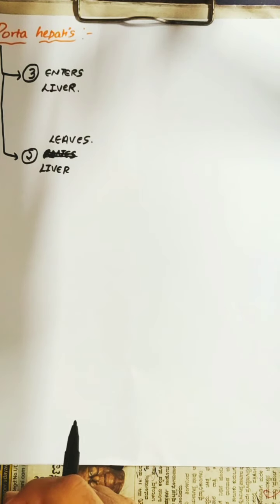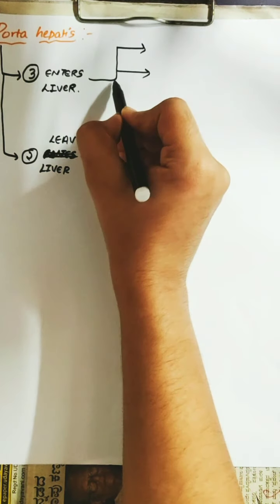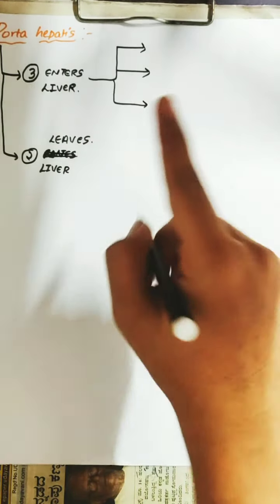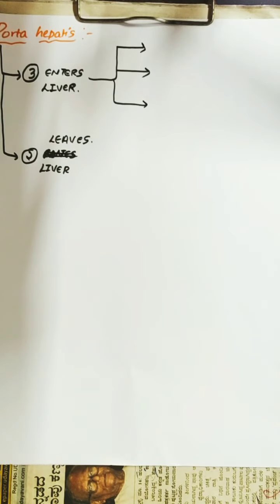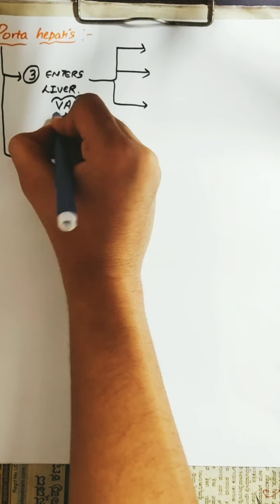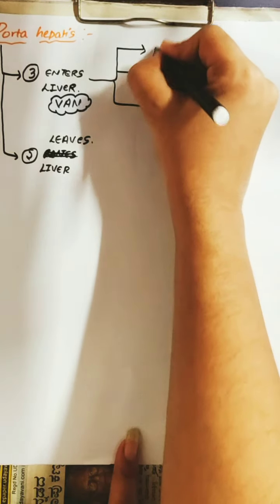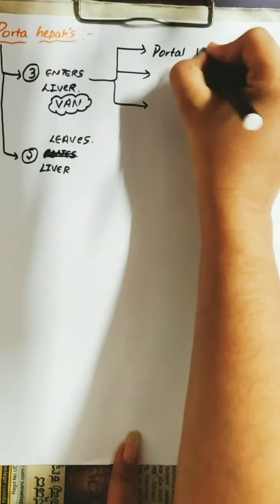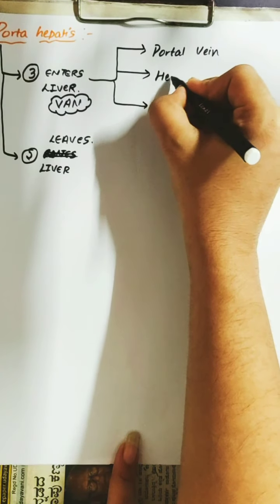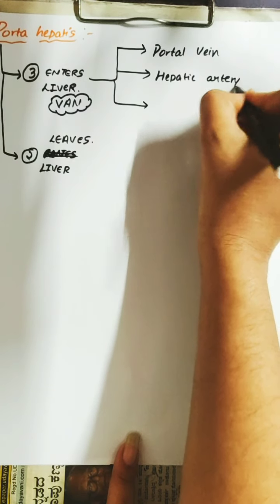So the three vessels which enter the liver are, it's easy. It is VAN. That time we learnt it as VAD, now it's VAN. Vein, artery and a nerve. Portal vein, same. Portal vein and hepatic artery. There was a hepatic duct there.